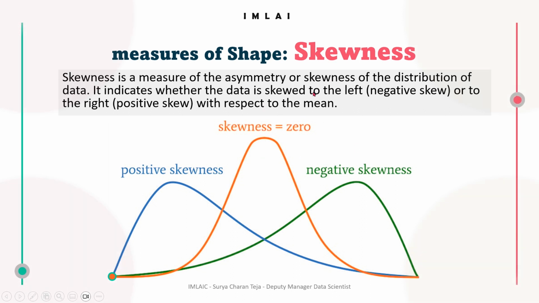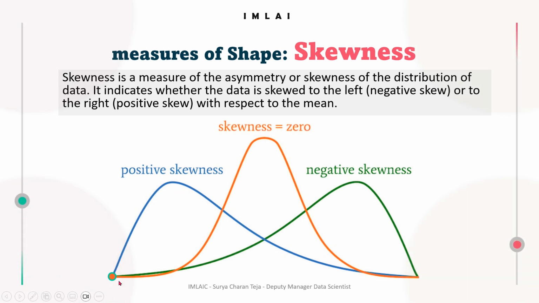After measuring the skewness, if the skewness is equal to zero, then the distribution is approximately symmetric, like this. And if the skewness is less than zero, the distribution is negatively skewed.